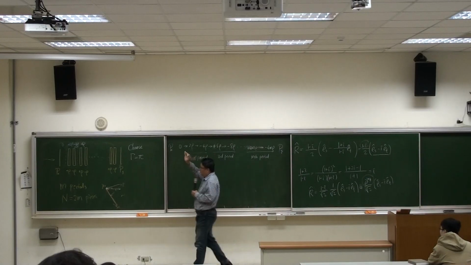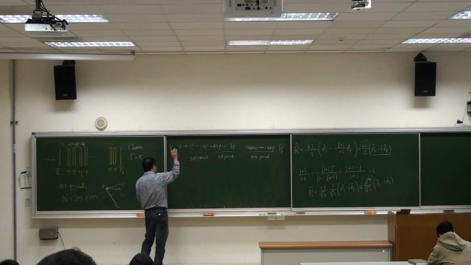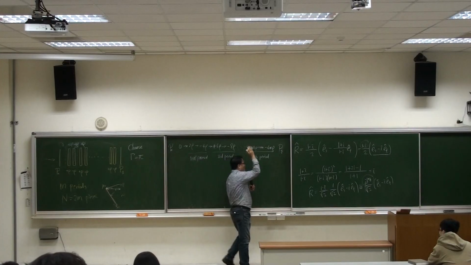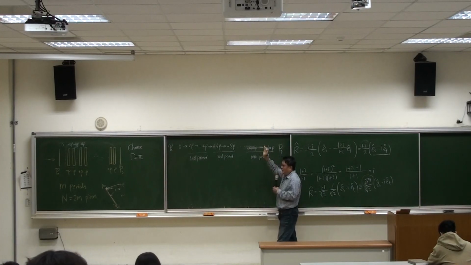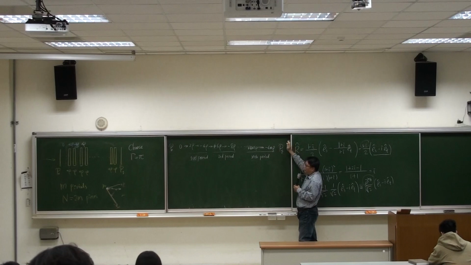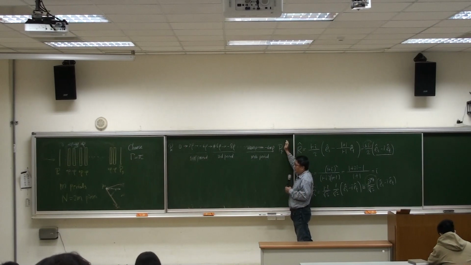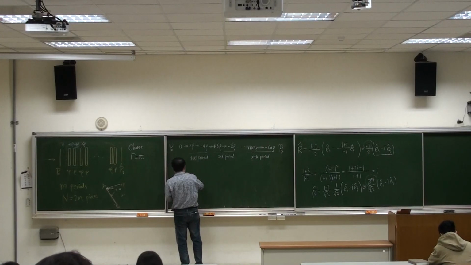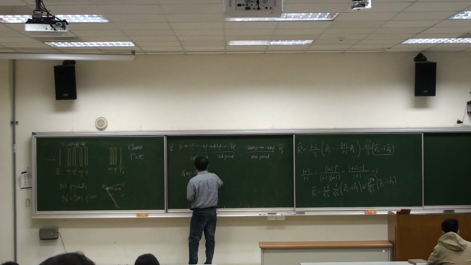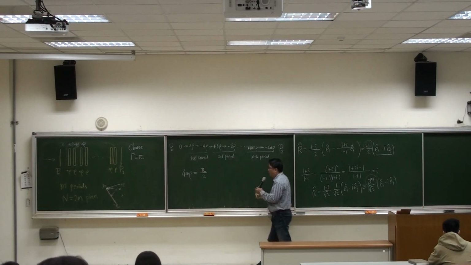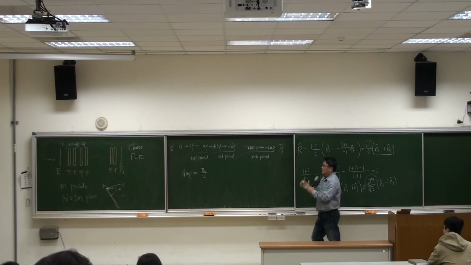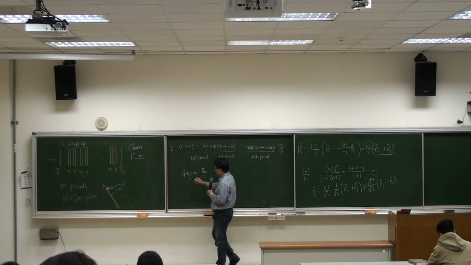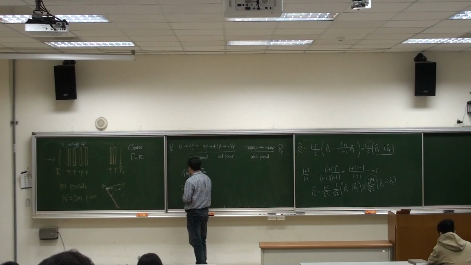If we hope the final polarization can transmit through the y polarizer, then this means that we must have 4m rho equal to half pi, because the angle between the x-axis and y-axis is half pi, or 2n rho equal to half pi.